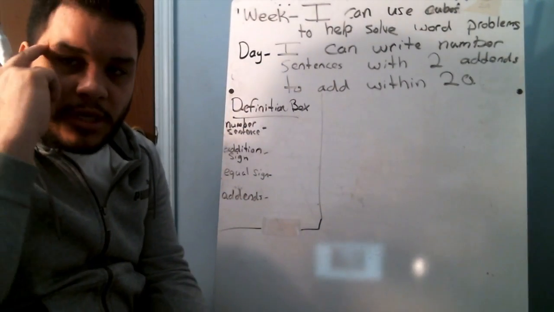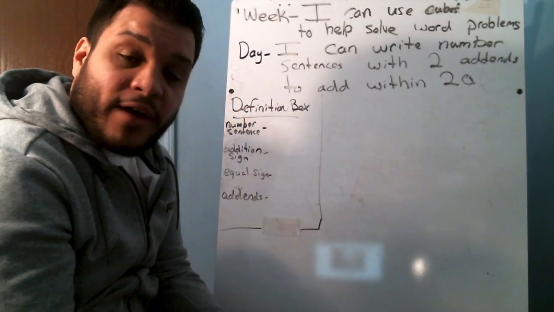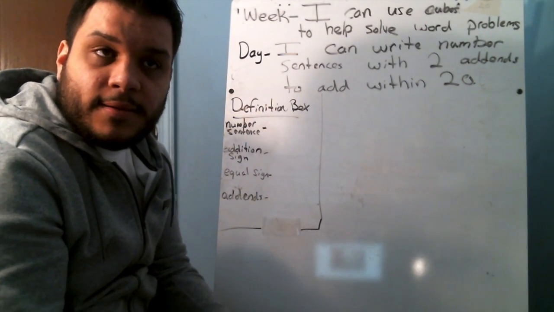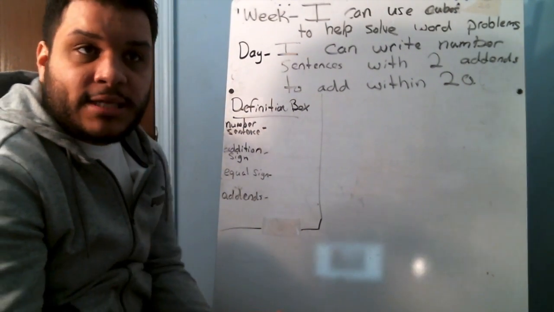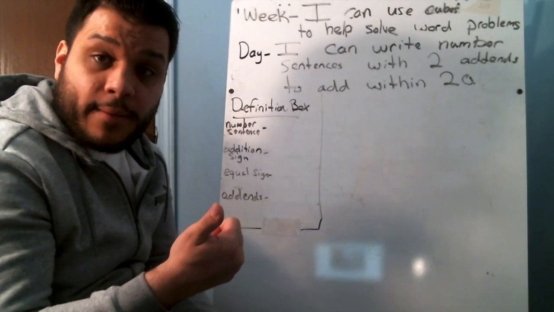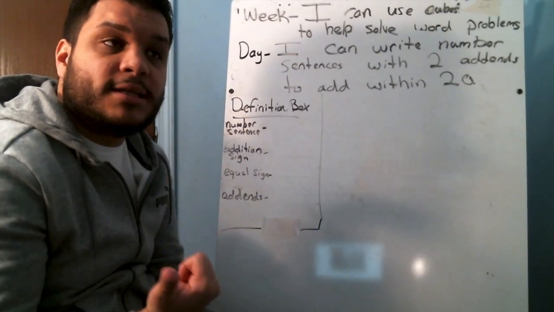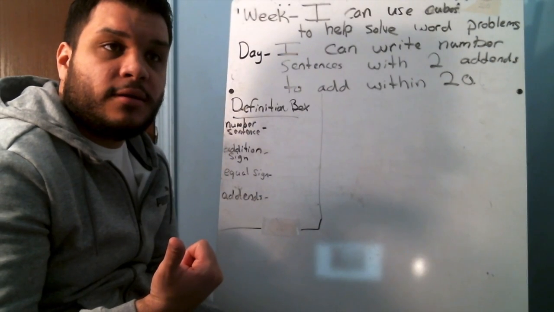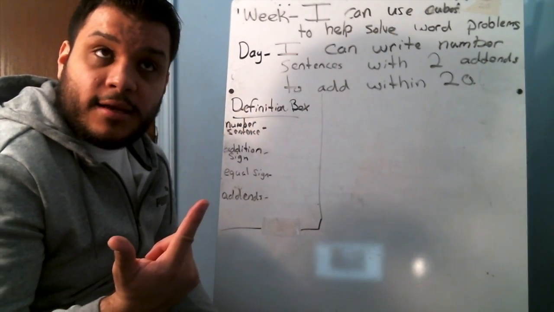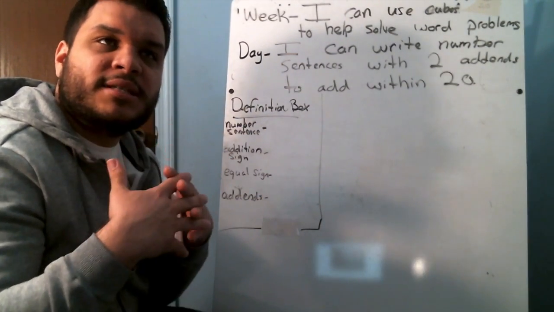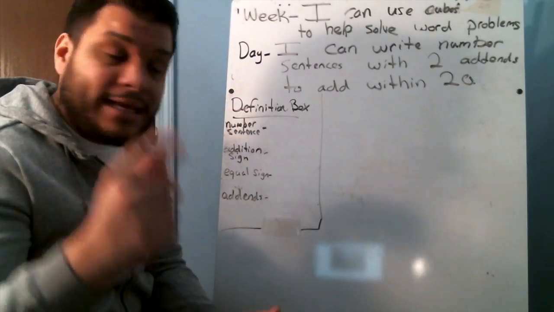So when you think of a number sentence, how will we define a number sentence? Okay, so a number sentence needs to have numbers. What else does a number sentence need to have? It needs to have a sign. And the last thing that usually gives us the answer, an equal sign.